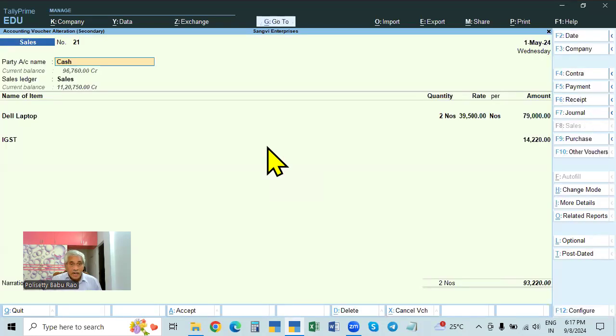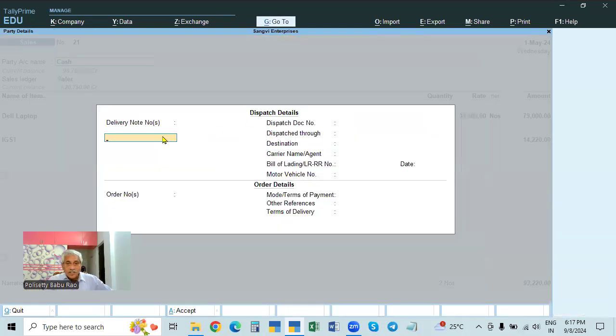After the dispatch details, you give how you dispatch, lorry number, lorry receipt number, and in the order details, mode or terms of payment, here we have to say cash. So when I sell, he paid cash and is taking the goods. You can take cash, or when you deliver the goods, you will get cash. In such a case, we can show it as COD, cash on delivery.